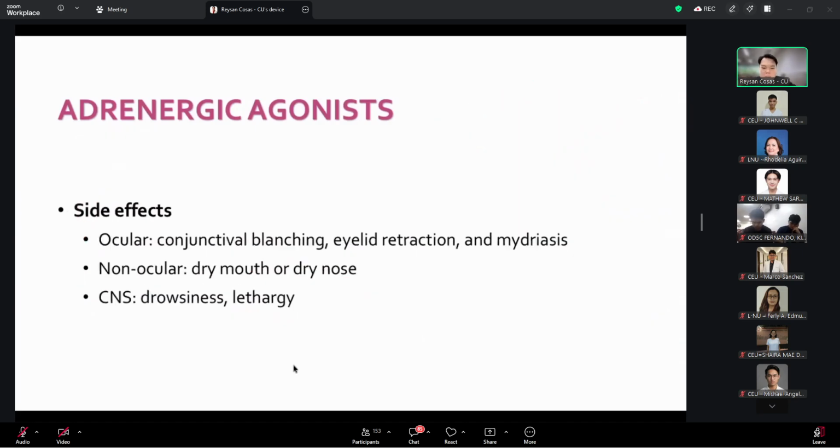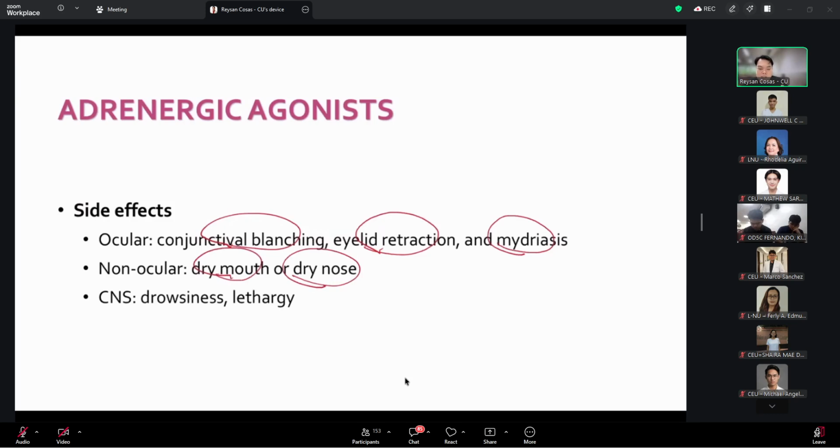So what are the documented side effects of the adrenergic agonist? Common ocular side effects associated with the topical administration of brimonidine and apraclonidine include conjunctival blanching, ano pa, eyelid retraction, and of course, mydriasis. In terms of non-ocular side effects, there are incidences of dry mouth or dry nose.